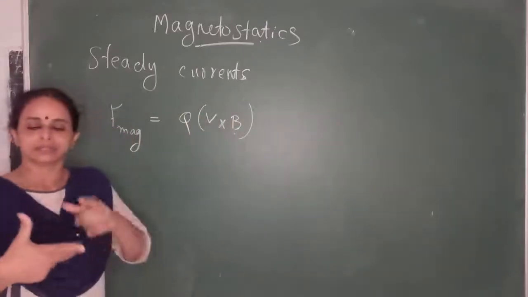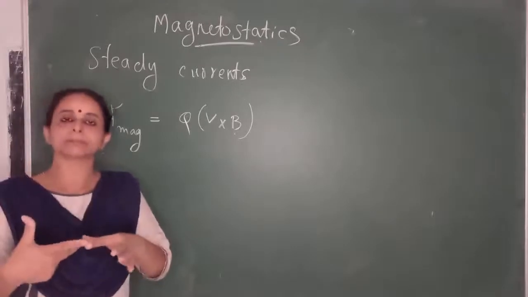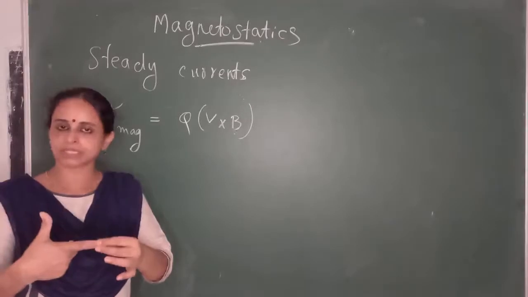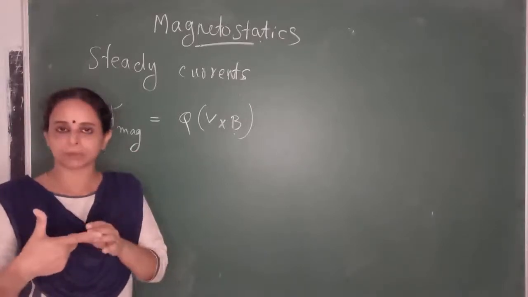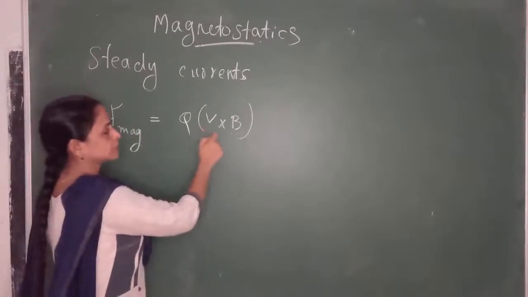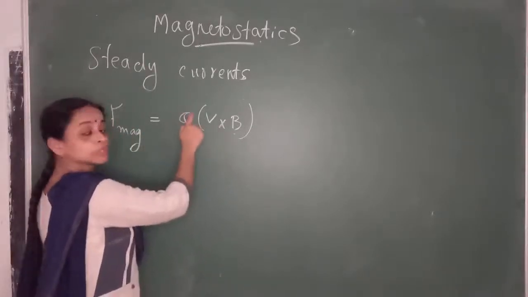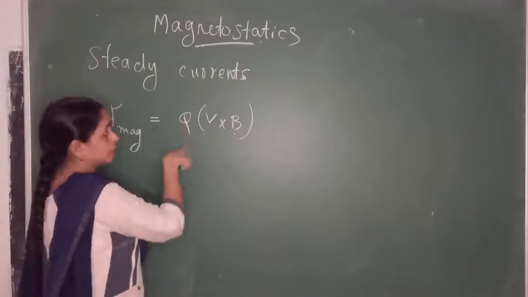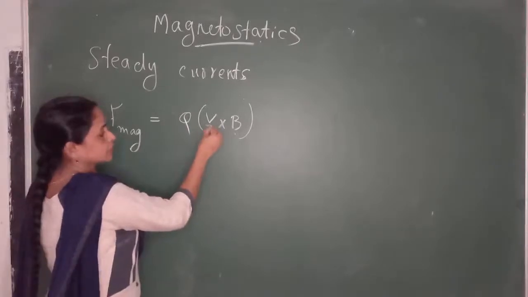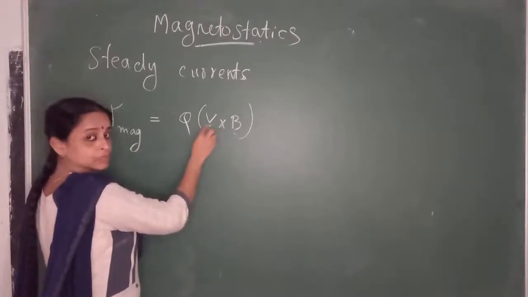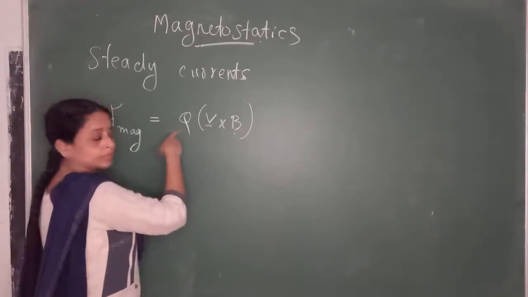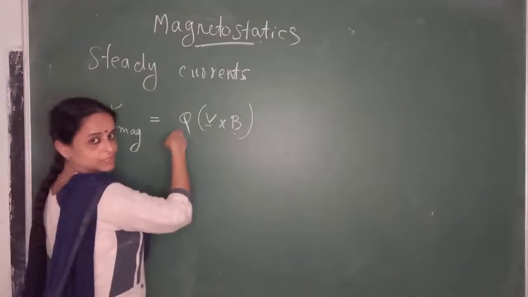So the direction of force will be perpendicular to both the magnetic field and velocity, or the direction of the current or positive charges. So the direction of force will be given by the V cross B. Then if the charge Q is a negative charge, then you have to use the negative here. So this is the direction of the current. Here you have to take the direction of motion of the positive charges. Then you have to multiply that with the charge.